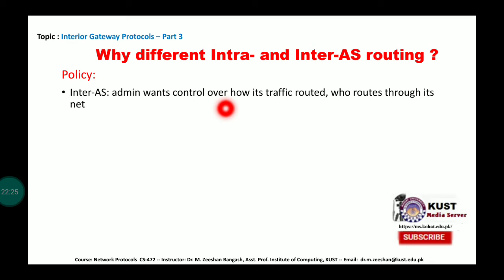So the first difference is based on policy matters, an administratively oriented policy.